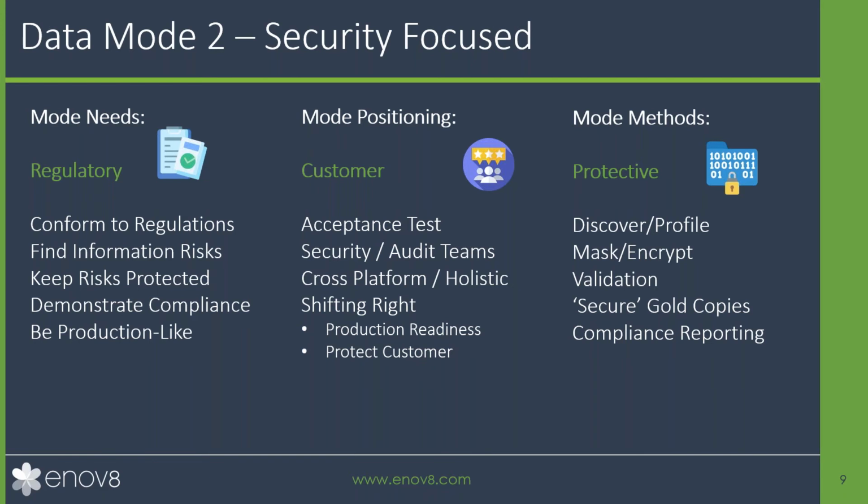Where are my customers' sensitive details? I need to ensure the risks are protected. I ultimately need to demonstrate compliance to interested internal and potentially external parties. And of course, I need the data to look and feel like production so it can be properly exercised.